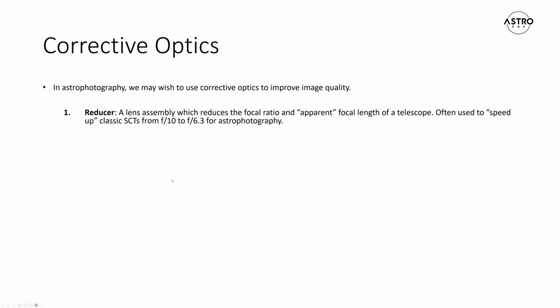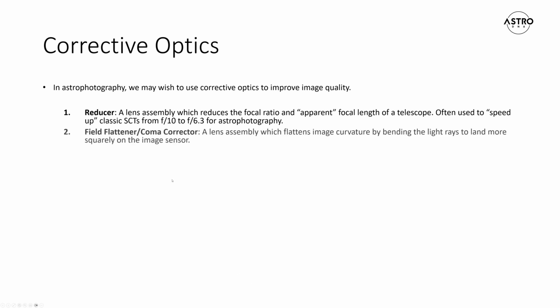So a reducer is an example of some corrective optics, and another might be a field flattener or a coma corrector. This is a lens assembly which, as I mentioned, the image is curved, so it's not landing squarely on your sensor. A field flattener will reduce that curvature, bend those light rays so that they land more squarely on the image sensor.